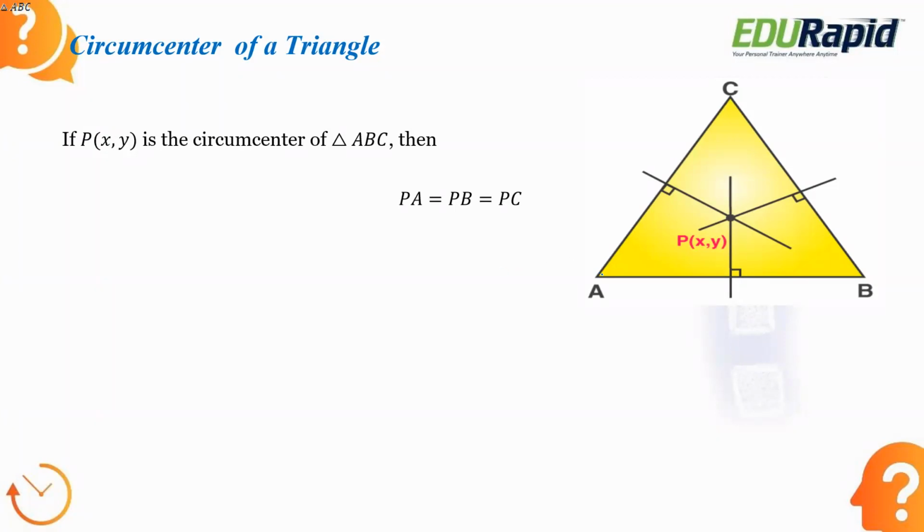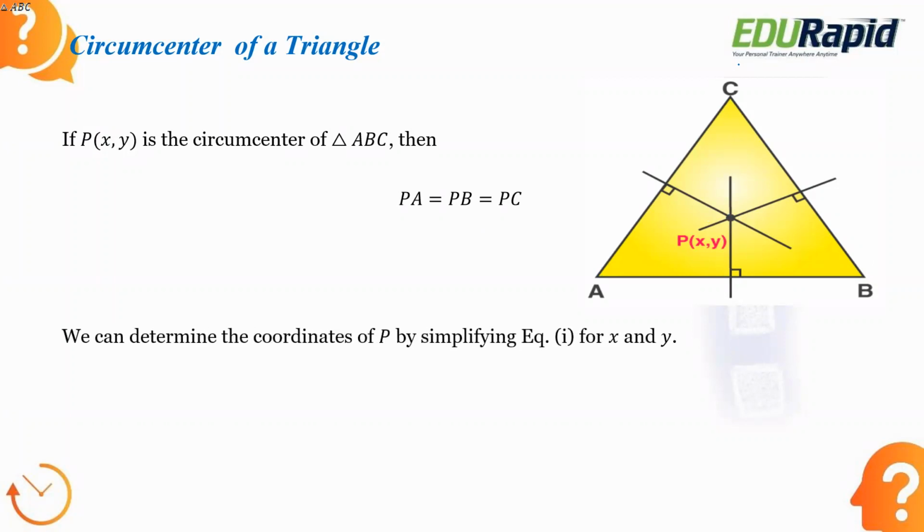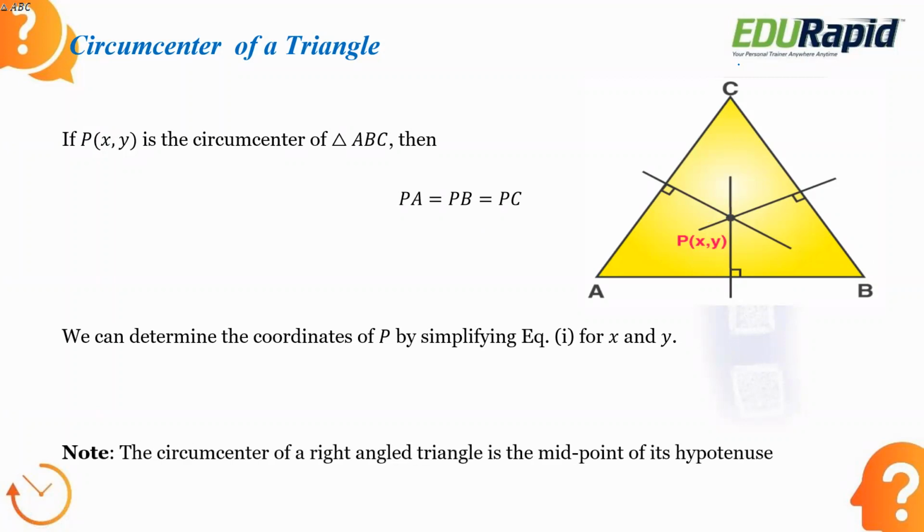If you consider these points, PA is equal to PB is equal to PC. We can determine the coordinates of P by actually simplifying this equation. There's an equation which we solve for x and y.